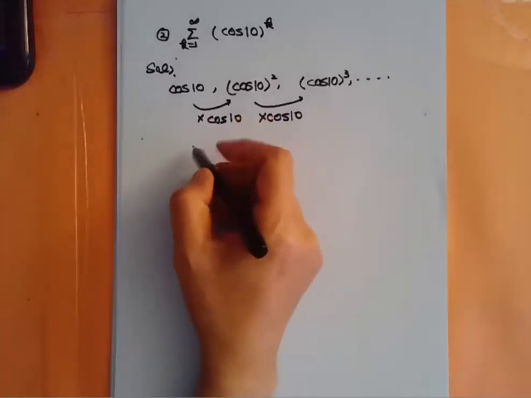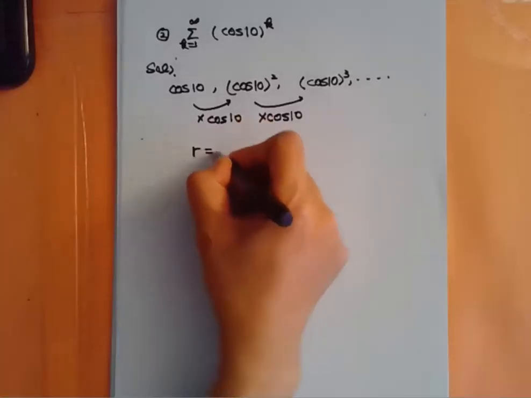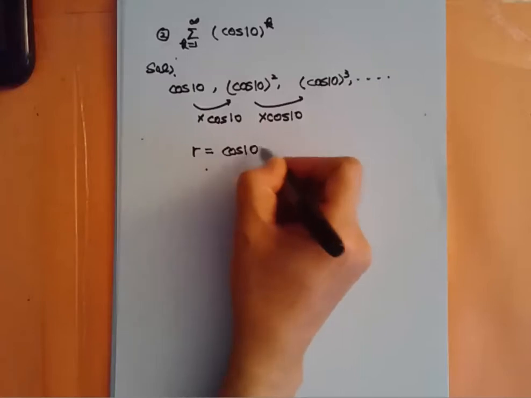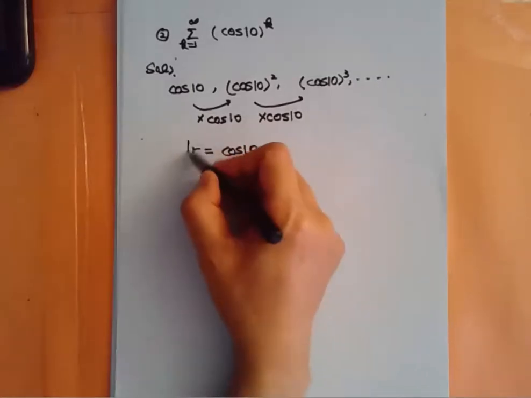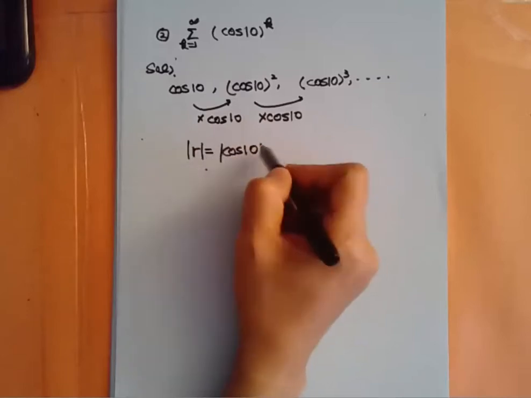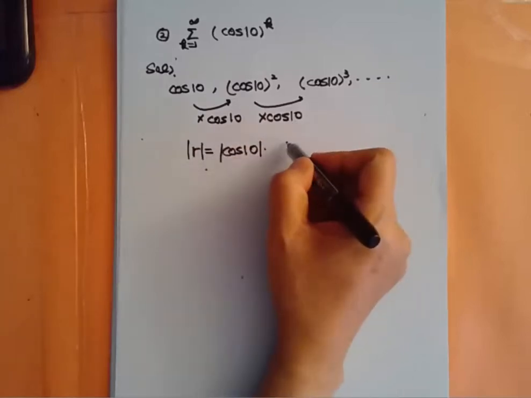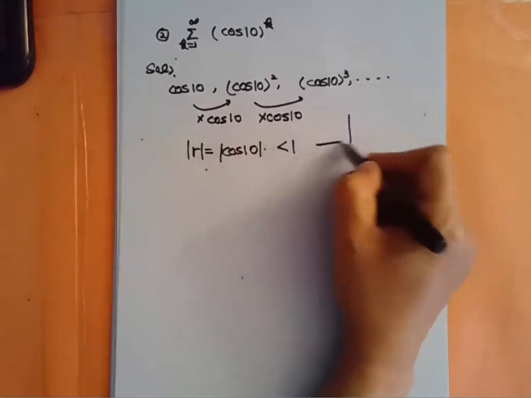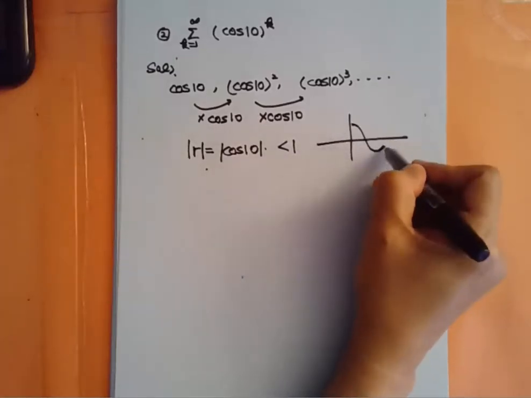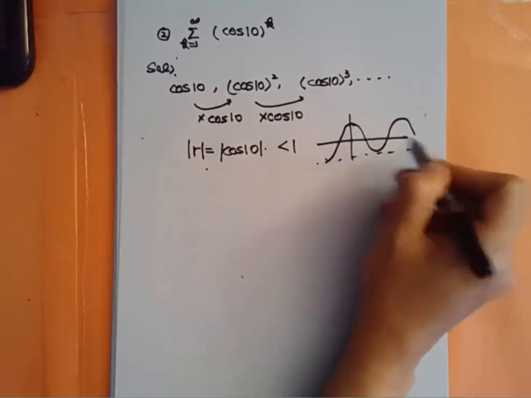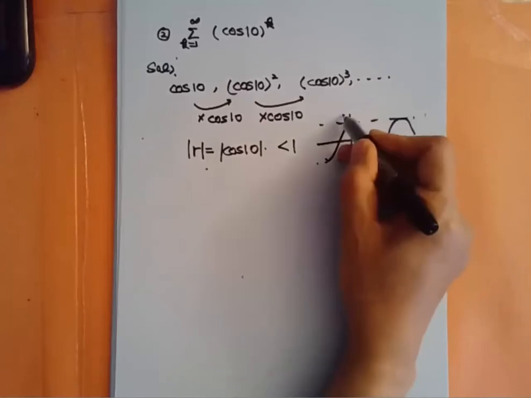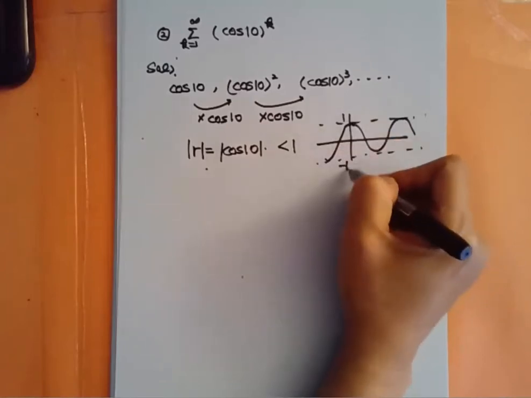So there is a ratio, r equals cosine of 10. We don't know whether cosine of 10 is positive or negative, but the absolute value of cosine of 10 must be less than 1, because this is the graph of cosine, right? And that oscillates between -1 and 1.